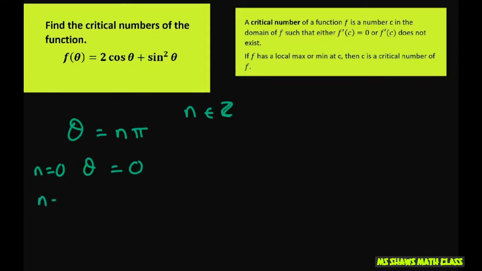And if n equals 1, we get theta equals pi, and this would be correct. So if n equals 2, you get theta equals 2 pi. So it keeps going around and around, it's the periodic properties of trigonometry.